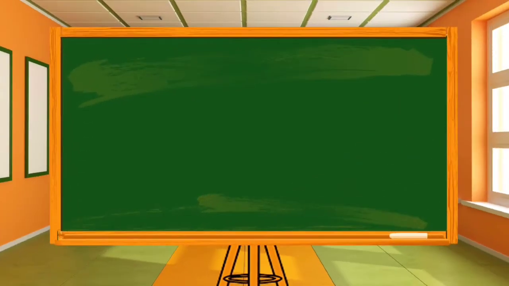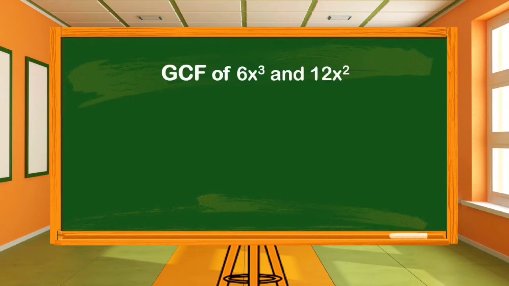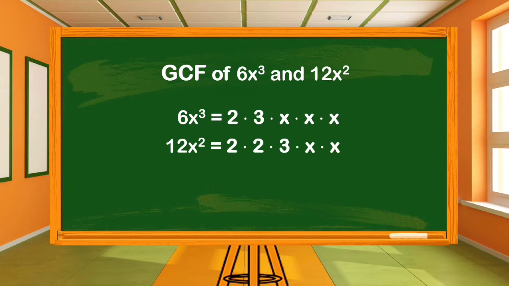Now let us try to find the GCF of 6x cubed and 12x squared. 6x cubed can be expressed as a product of 2 times 3 times x times x times x, and 12x squared is equal to 2 times 2 times 3 times x times x. Next, what is common to each factors?